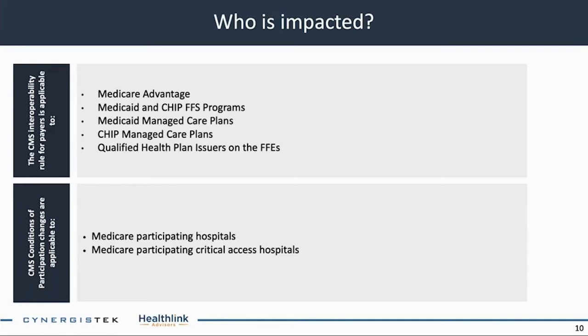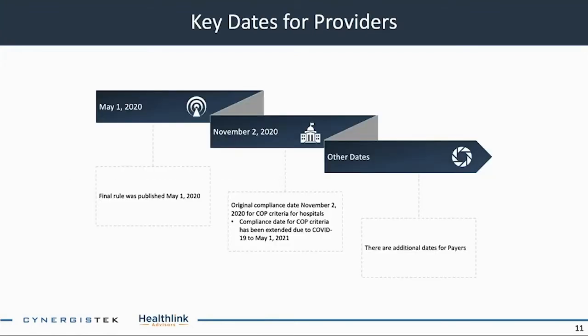Now, when we look at some of the key dates, the rule was published May 1st, both rules, the Interoperability Rule and the Information Blocking Rule that we talked about in the prior webinar.